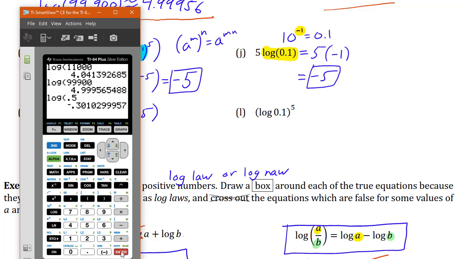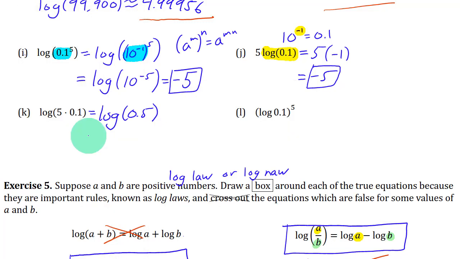It's going to be like negative 0.301. And if you do log of 0.1 to the power 5, well, log of 0.1 is still negative 1, to the power 5.